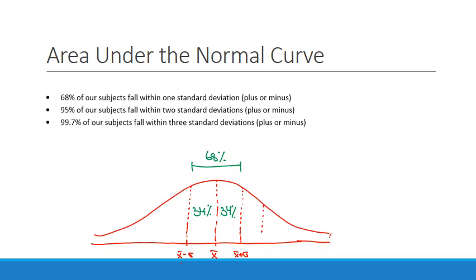Now, 95% of our subjects fall within two standard deviations. So allow me to draw that. So I'm going to add two standard deviations from the mean. And then I'm going to subtract two standard deviations from the mean. Now, what that is, let me pick a color. Purple. What a beautiful color. So that's going to be 95%.